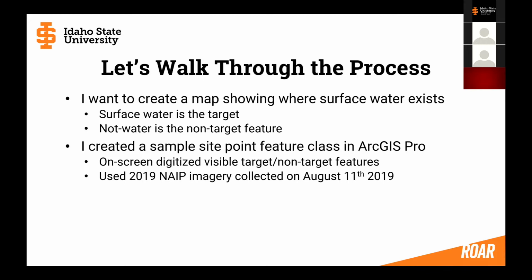What I did is I on-screen or manually digitized visible target and non-target features. And I used the 2019 NAIP, that's the National Agricultural Imagery Program imagery, that was collected on August 11th, 2019.